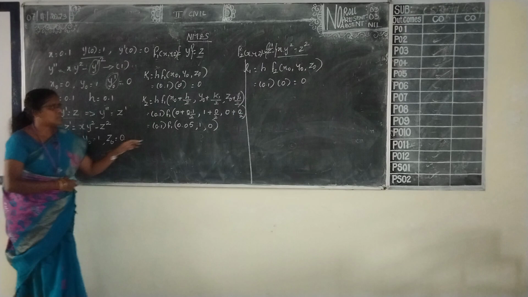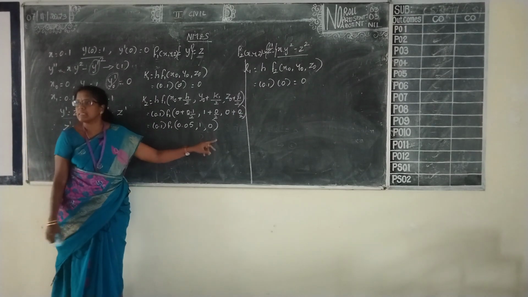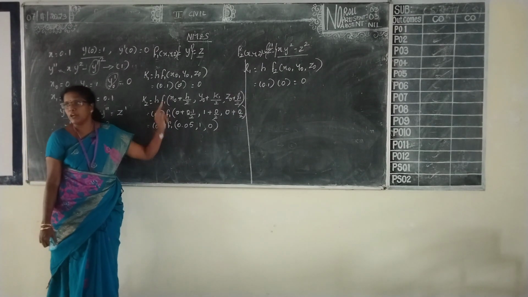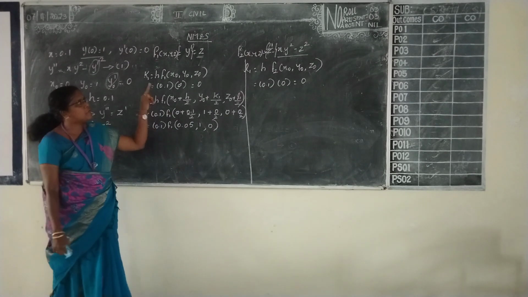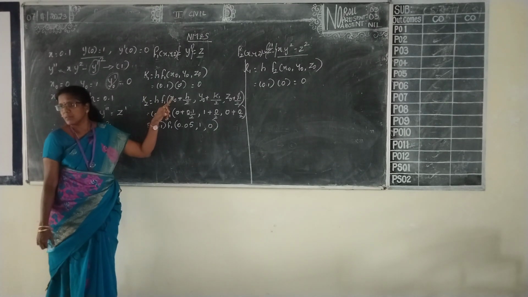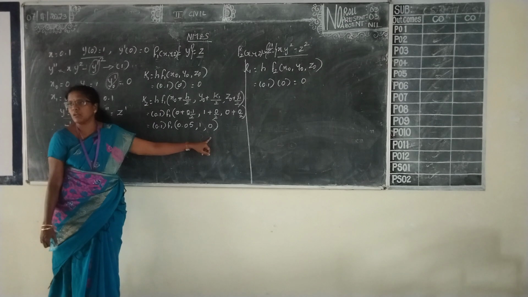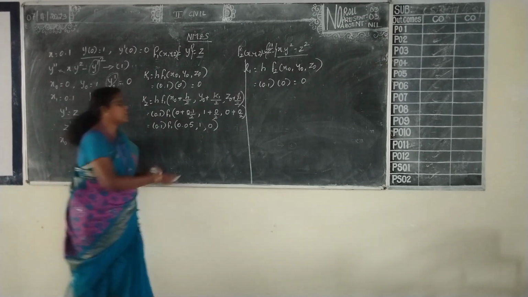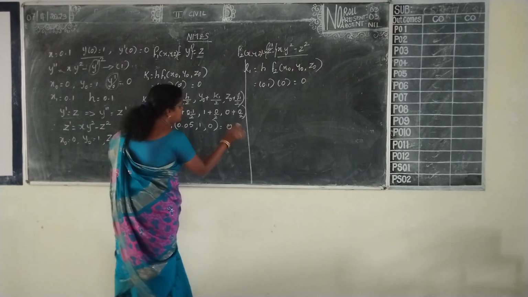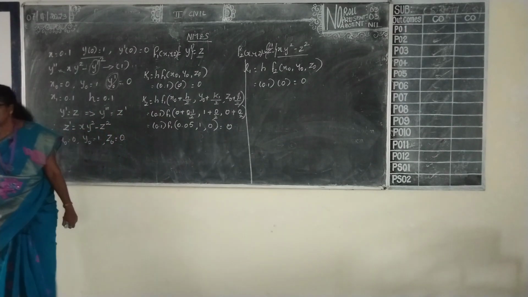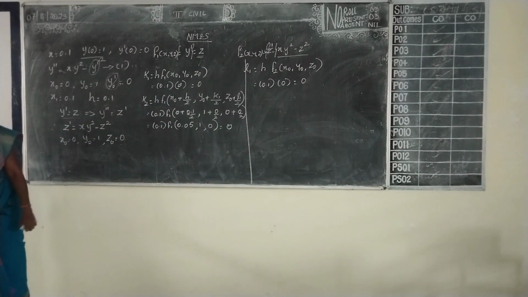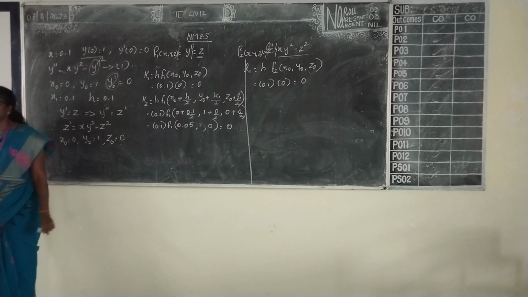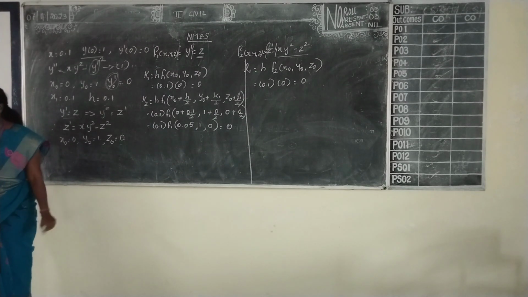Now this is our x, y and z. In F1 we will replace these values. F1 has only z, and z is equal to 0. So again we are getting this value equal to 0. Can you understand now? We replace F1 with this x, y, z.